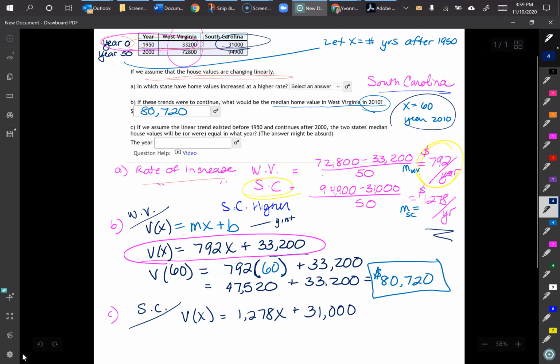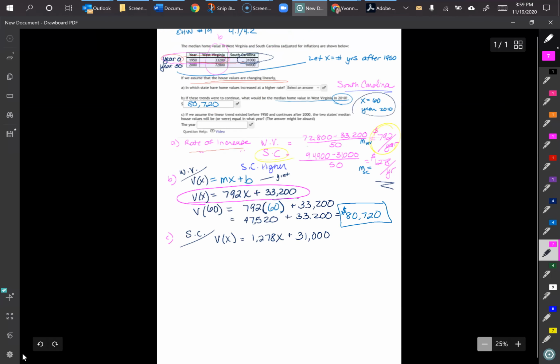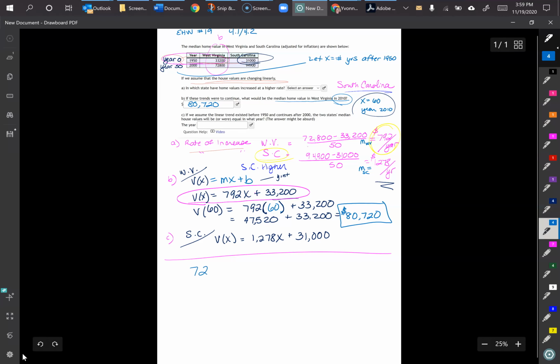Now I'm going to set them equal to each other and solve for x. So then we would have 792x plus 33,200 equal to 1,278x plus 31,000. I'm just going to pause the video and write out the steps for that real quick for you.